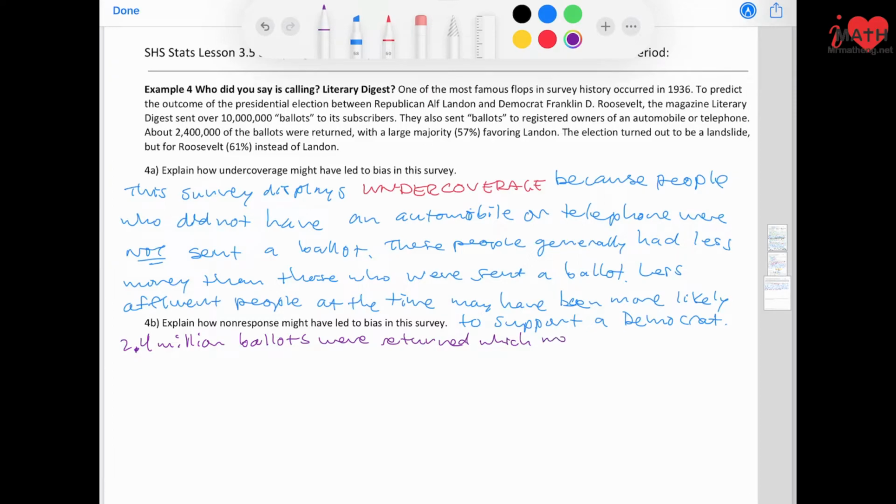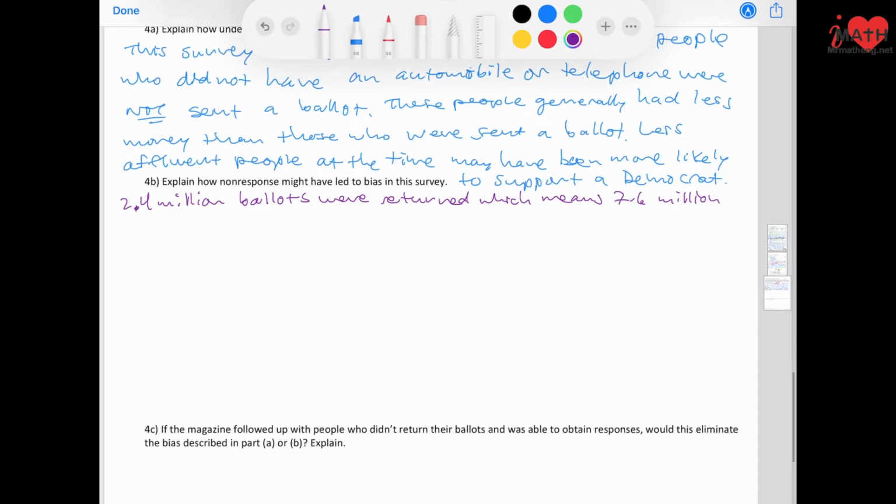Which means, so 10 million, whoops, that's 10 million minus 2.4 million. It's going to give us 7.6 million ballots were not returned. So no response.